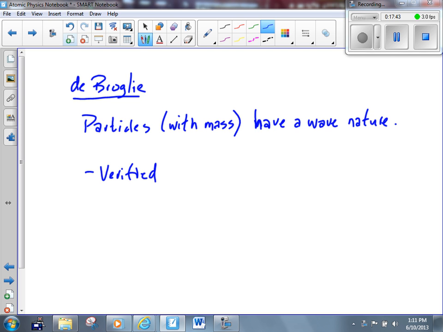They showed that, in fact, these particles with mass do have a wave nature. So not only do we have light waves with a particle nature, but now we have particles with a wave nature. So this theory was verified by electron diffraction experiments.